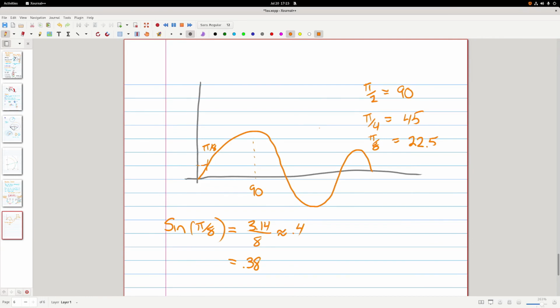So this is 0.02 over 0.4, so this is like 2 in 40, which is like 1 in 20. This is 5%, because 1 in 10 would have been 10%, so 1 in 20 is 5%. So I was able to estimate sine of pi by 8 to be 0.4, which is within 5% of the true value.